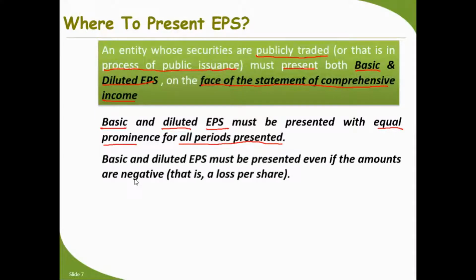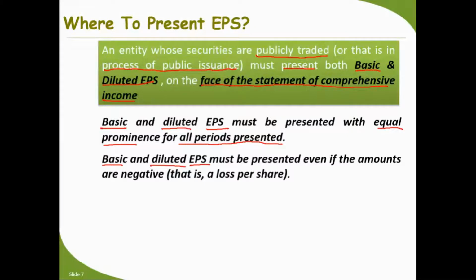If there is a negative EPS, it means loss per share, you must present your basic and diluted EPS. Even though you have loss per share, you must present both. So the conclusion is EPS will be presented at the face of the statement of comprehensive income with equal prominence, whether you have loss or profit.